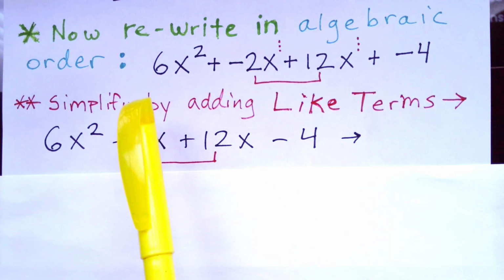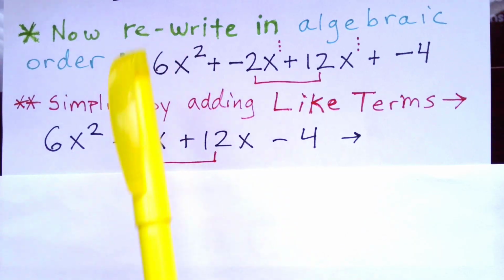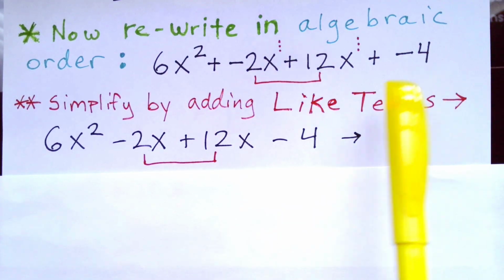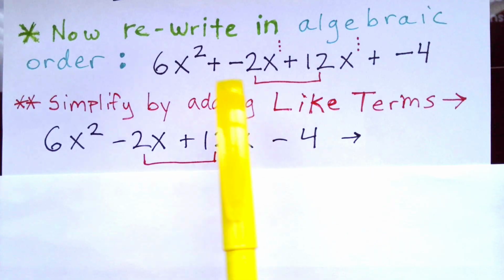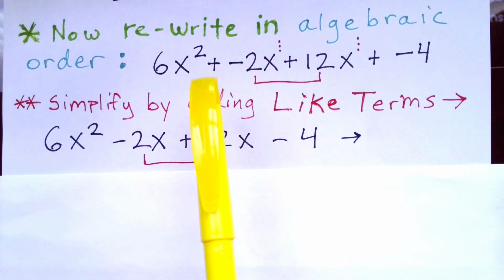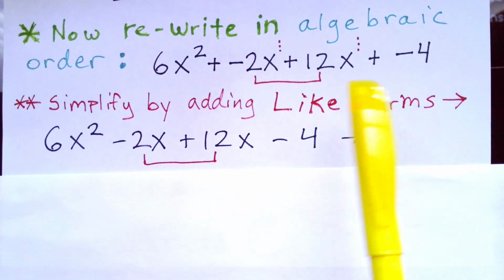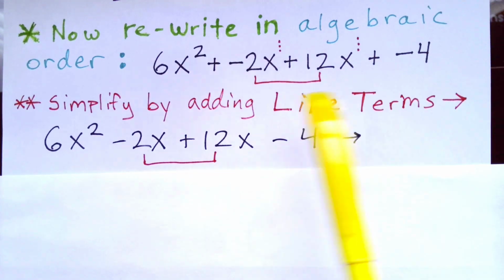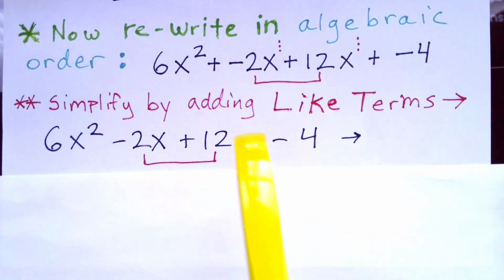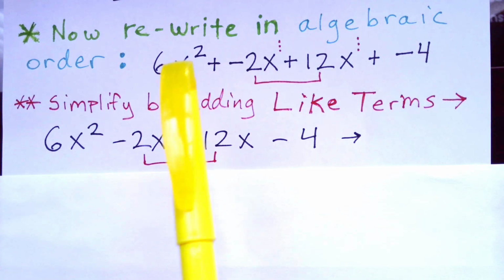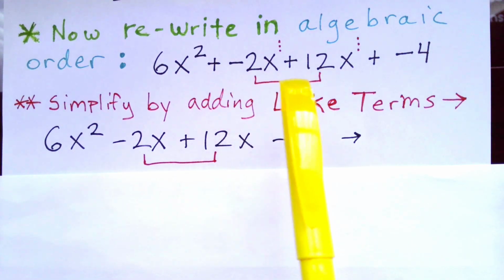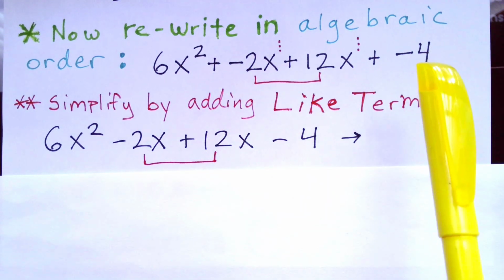So we have 6x squared, which is a loner, all by itself. That negative 4 is a loner, all by itself. Each of these terms is separated with a plus sign. I'm adding this plus sign in here. It's okay, you can do that. It's not going to change a single thing, it's only going to clarify. So again, 6x squared plus a negative 2x plus 12x plus a negative 4.